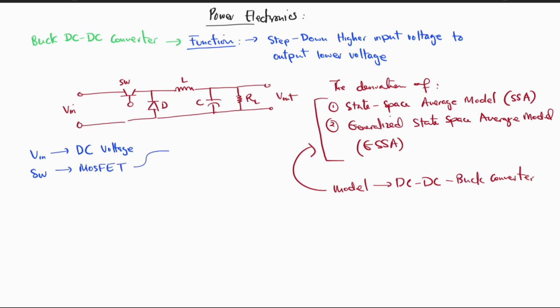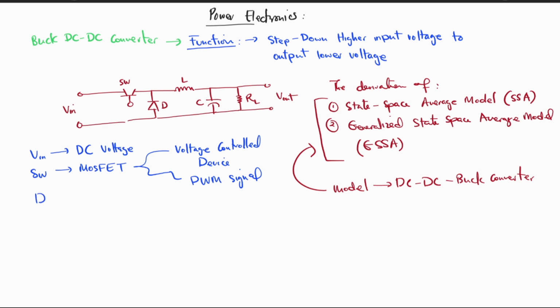We previously discussed what a MOSFET is. A MOSFET is a voltage control device, and to control it we normally need the PWM signal, and the PWM signal is the pulse width modulation signal.